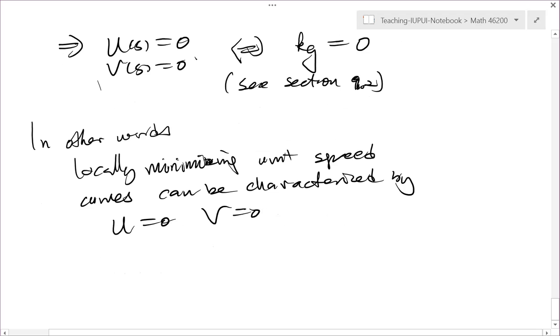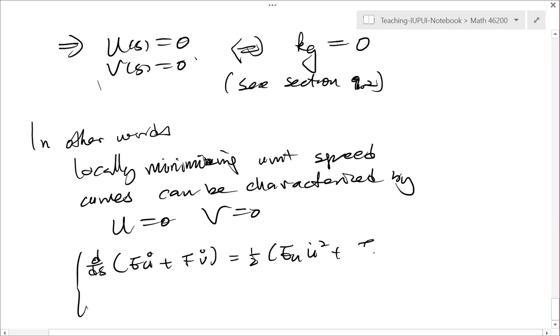And this is nothing but those two equations. U dot, and that is going to be half of u dot squared, f twice of u dot v dot, and g u v dot squared.